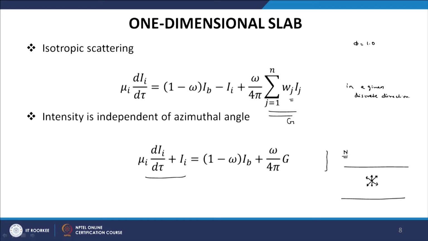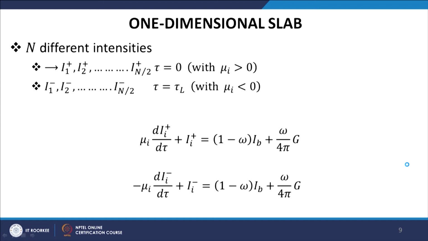Those directions which are going upward are basically originated from the bottom plate, and intensity directions going downward are basically originated from the top plate. So, we can assume that out of n directions, n by 2 will be in the upward moving direction and n by 2 will be in the downward moving direction. Based on that we can write down the intensities.